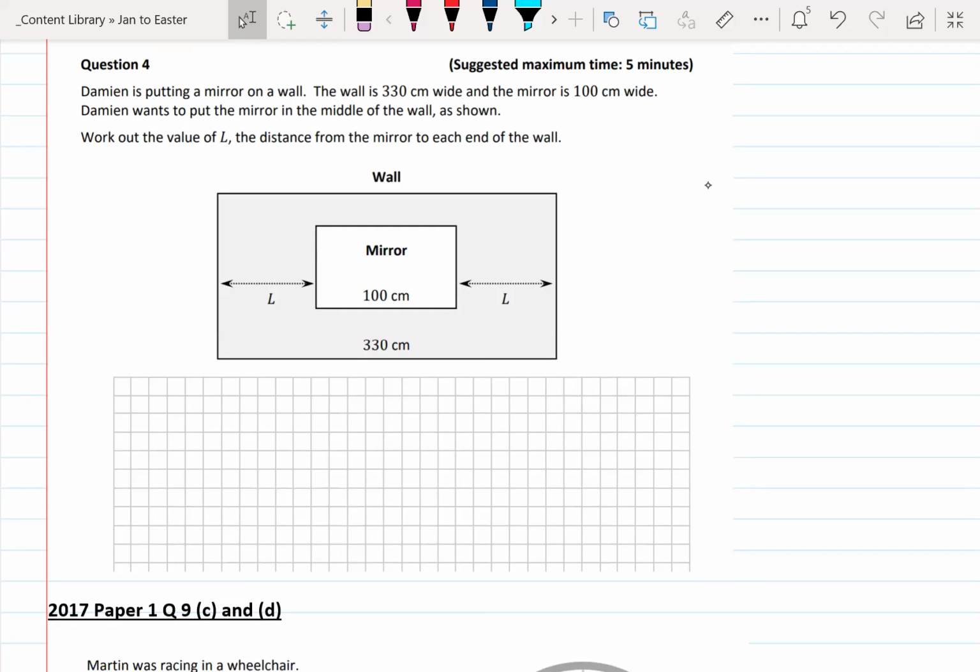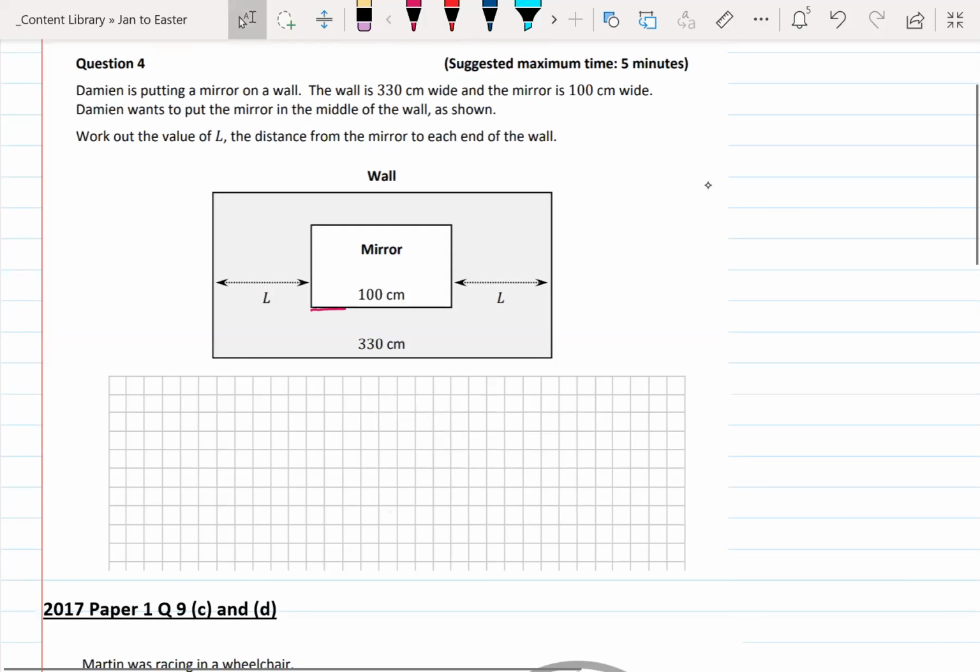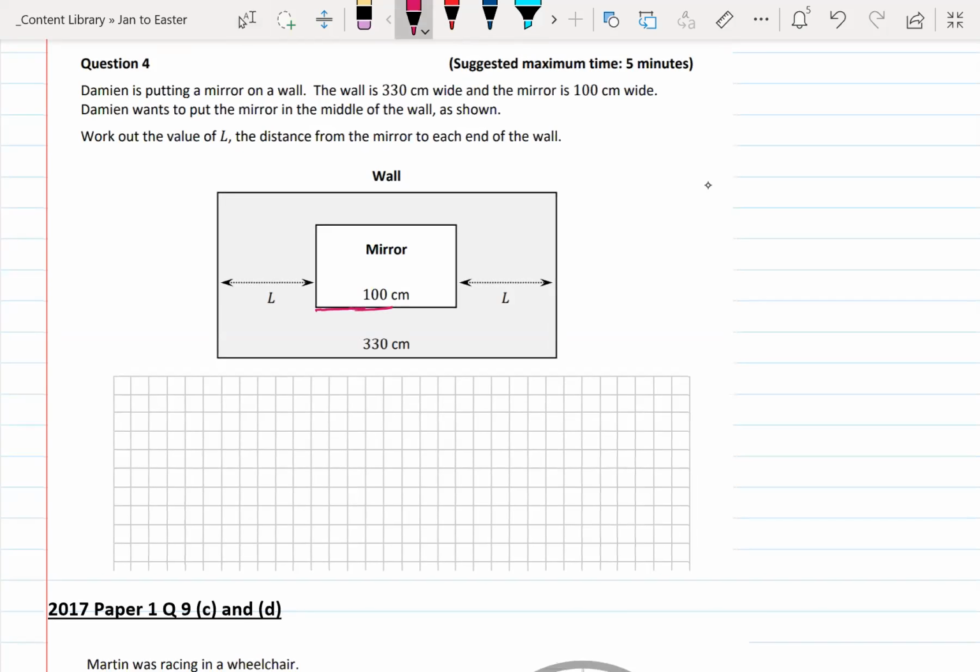Okay, so we have all the information we need here. We know that the mirror is 100 centimeters. We know that the total width here is 330. Okay, so let's take the 100 from the 330. That gives us 230 centimeters to divide.